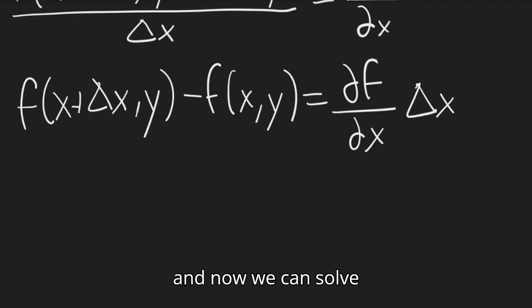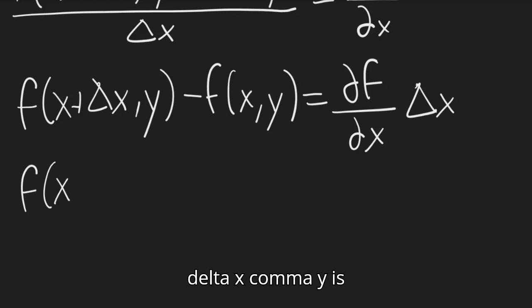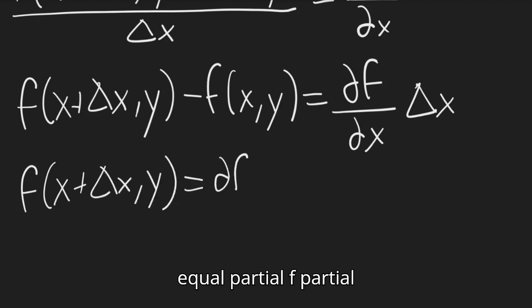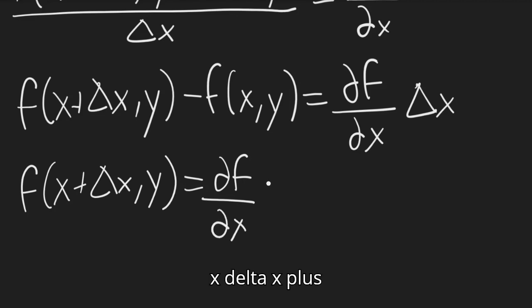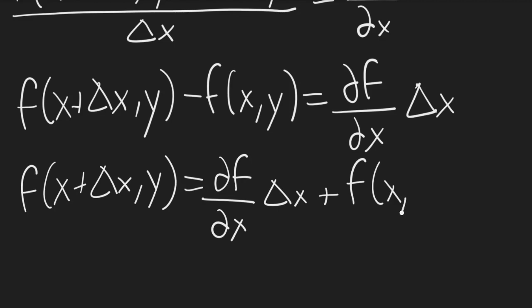Now we can solve for f of x plus delta x, comma y by adding f of x, y on both sides, and we get f of x plus delta x, comma y is equal to partial f partial x delta x plus f of x, y.